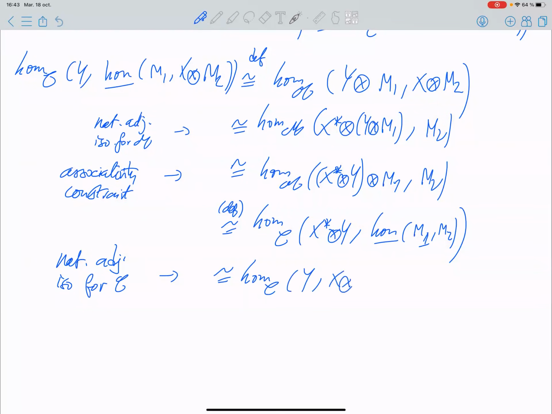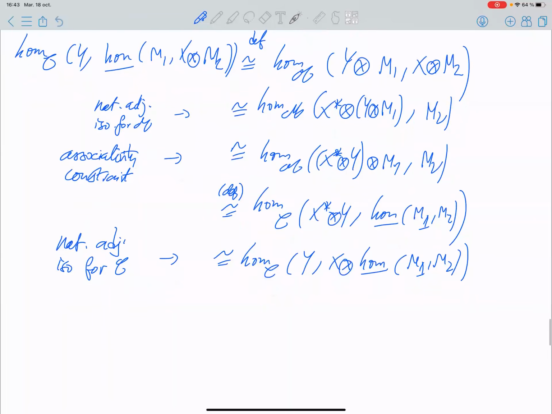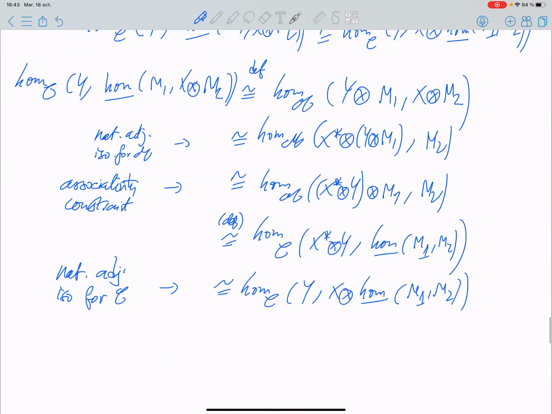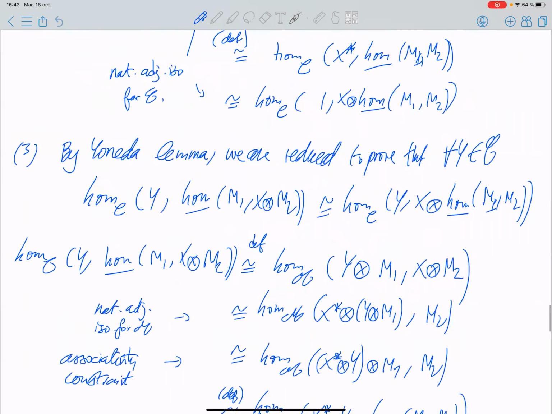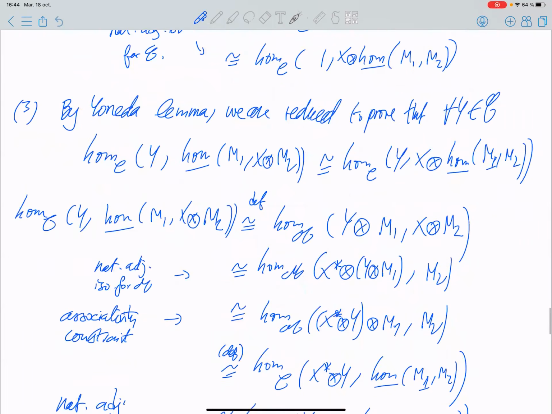Right. X tensor internal Hom 1 and 2. And so we prove what we wanted to prove.